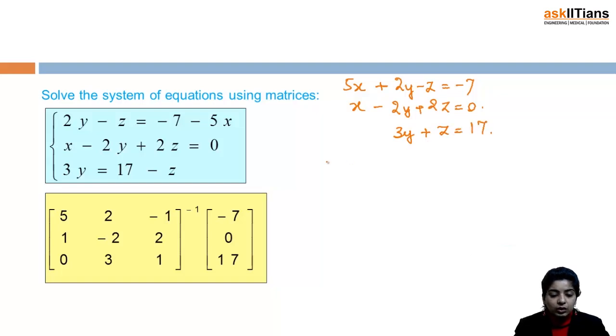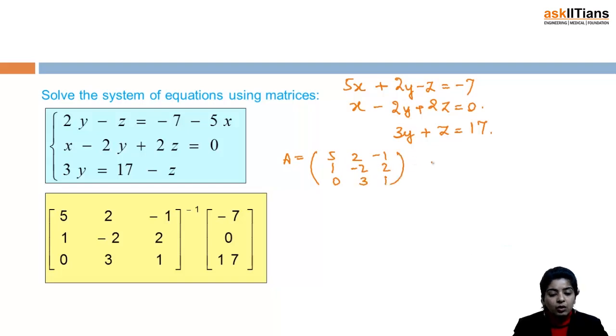Okay, so now the next thing you need to do is find the coefficient matrix. The coefficient matrix is 5, 2, minus 1, 1, minus 2, 2, 0, 3 and 1.